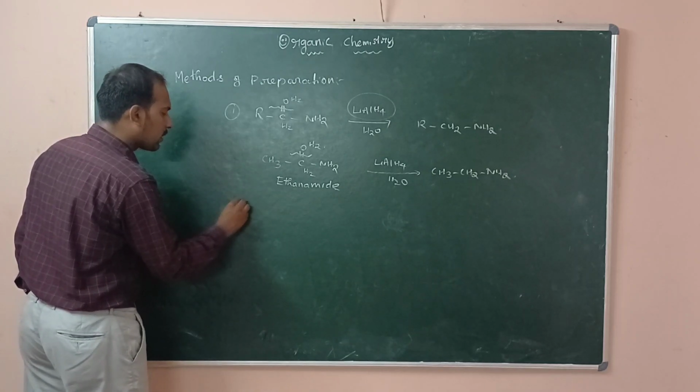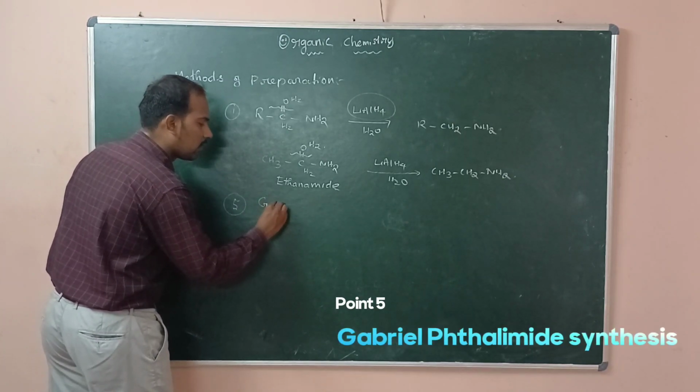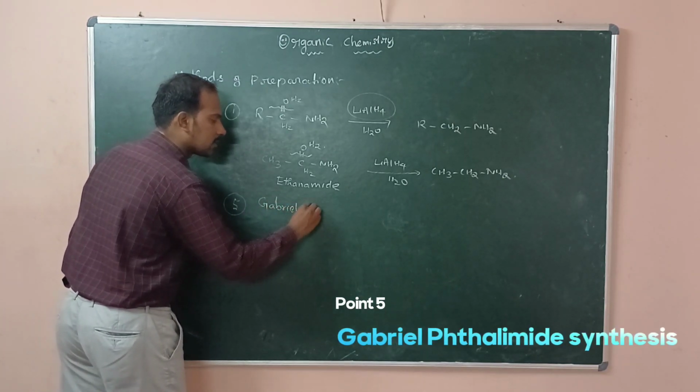And the fifth method of preparation is the most important reaction, which is called Gabriel phthalimide synthesis.